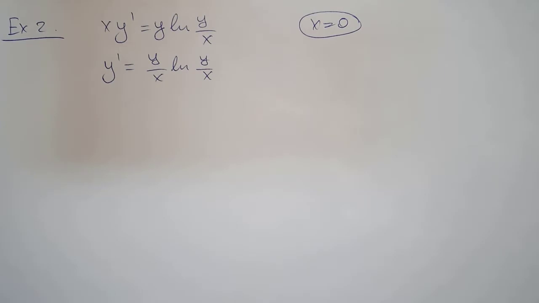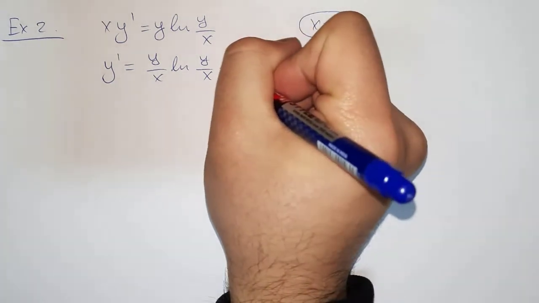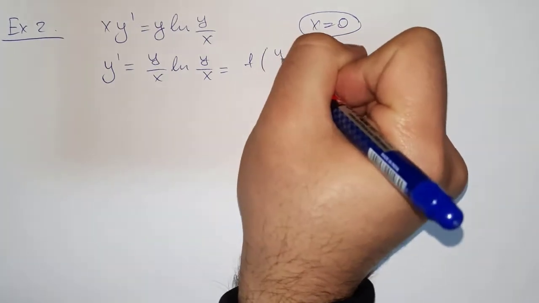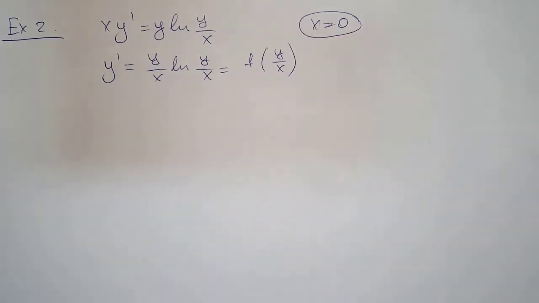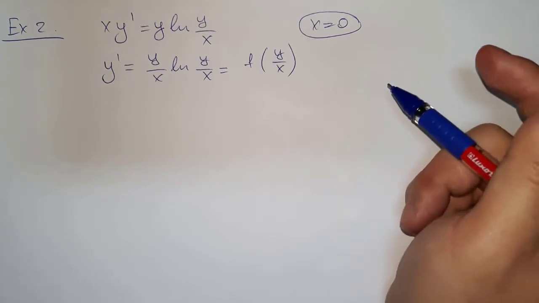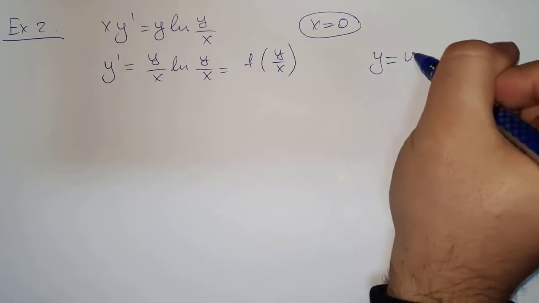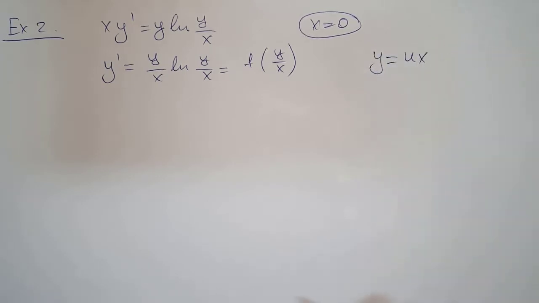Okay, so this is in the form f(y/x). Now, it means our equation is a homogeneous differential equation. And now here we can make a substitution: y is ux again.